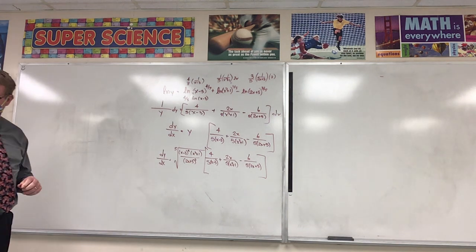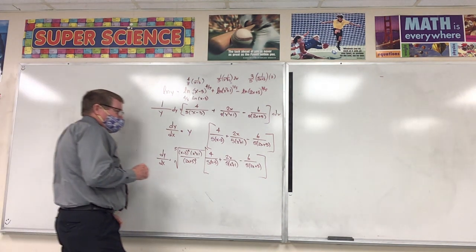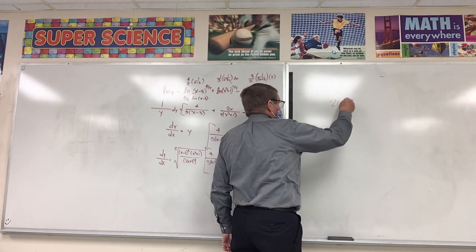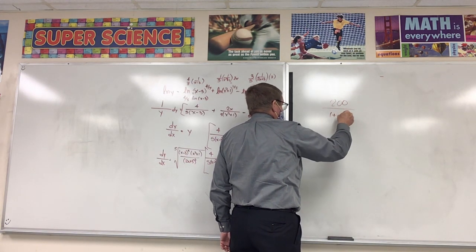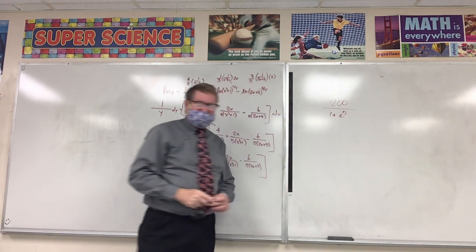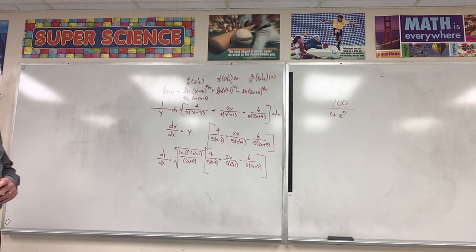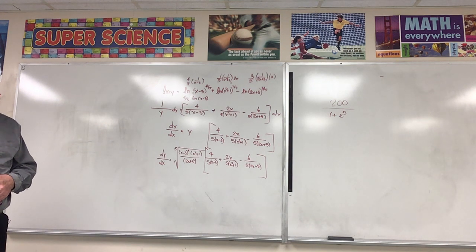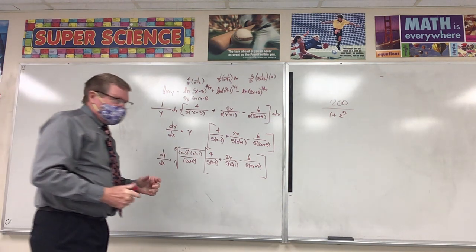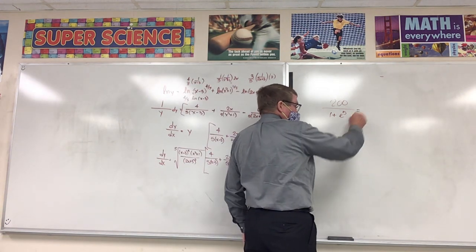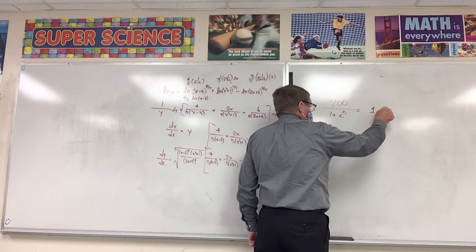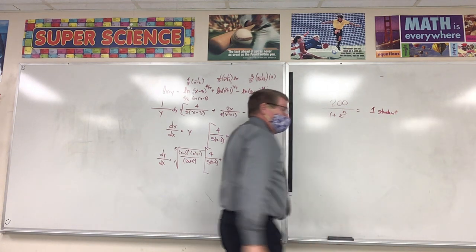That's 200 over 1 plus e to the 5th, because 5 plus 0 is 5. So I just plug this into my calculator. Approximately, because we're estimating, we want to round off: 1 student.